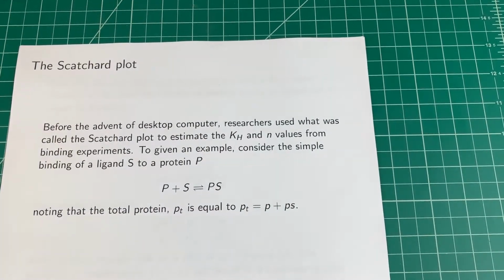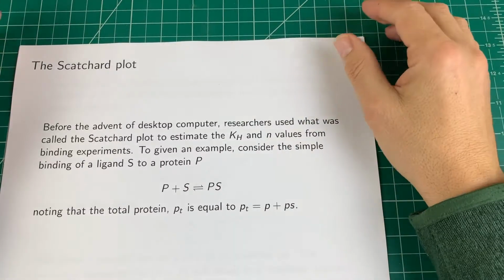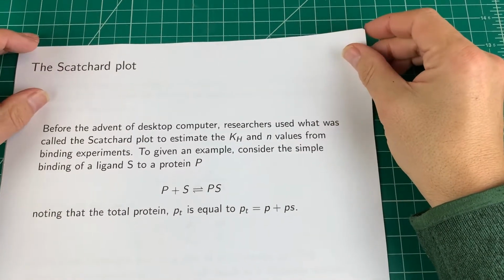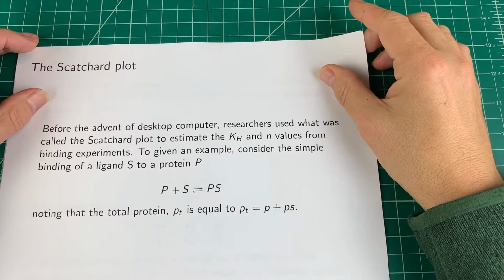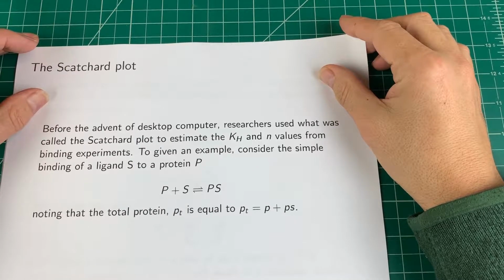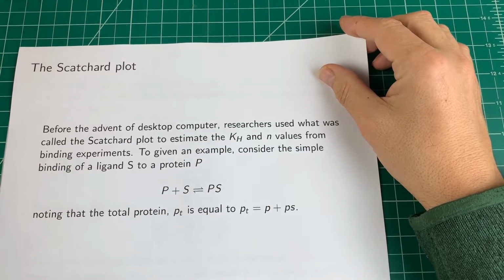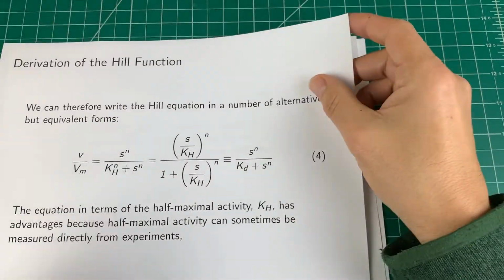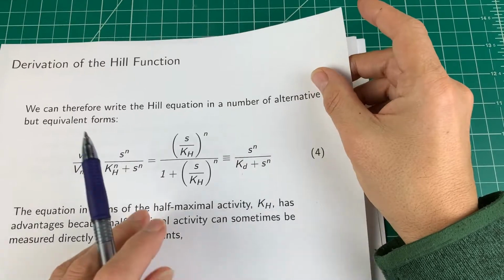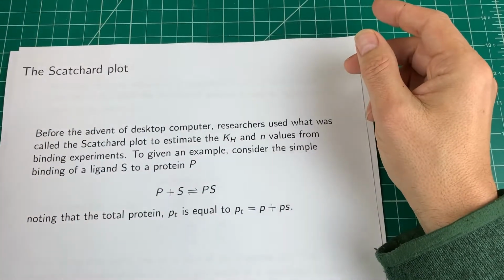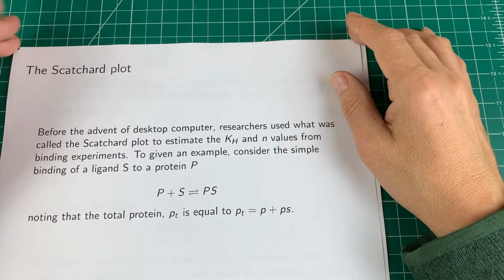Now, it's difficult not to also mention something called the Scatchard plot. I don't want to mention this too much because it's not something we should be using, but people were interested in estimating these numbers, especially the dissociation constant or the Kh, and they invented this thing called the Scatchard plot.